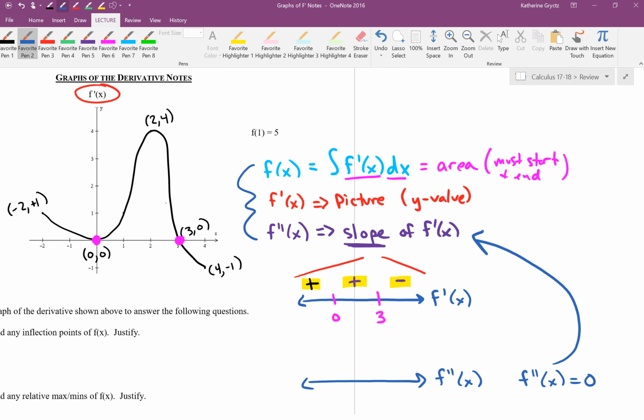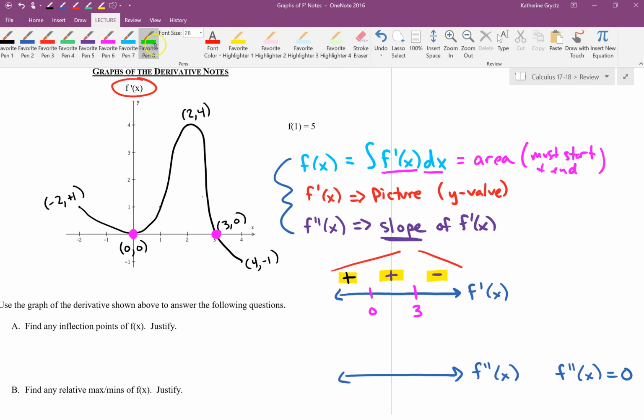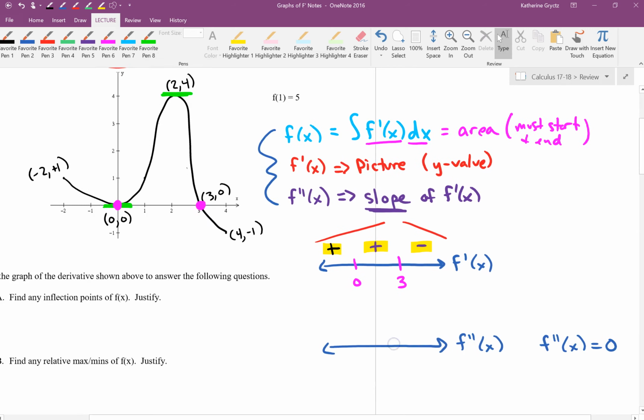And so if we want to set the second derivative equal to 0, we need to set the slope equal to 0. So if we go back and look at this picture, we're looking for where we could draw a slope of a tangent line equal to 0. Well, I can do that at 0, and I can do that again at 2. And nowhere else can I draw a tangent line that has a slope of 0, a horizontal tangent line. So that's what I'm going to put on this sign line, 0 and 2.